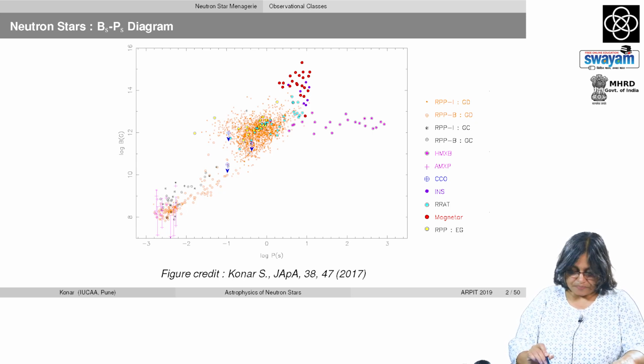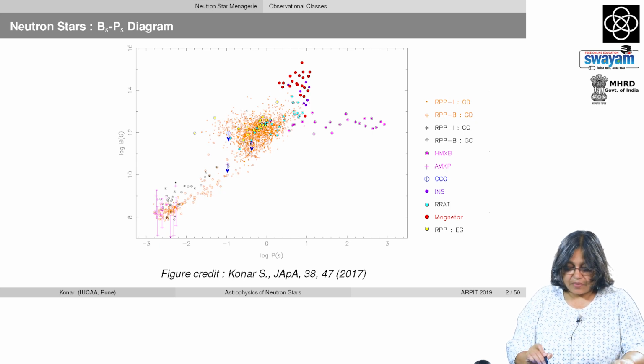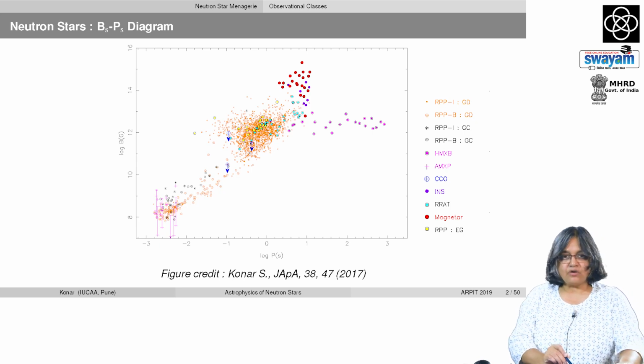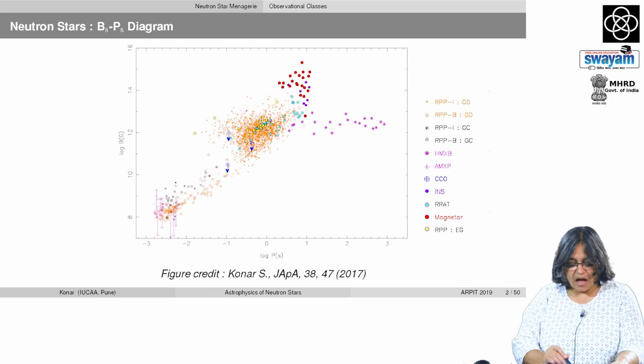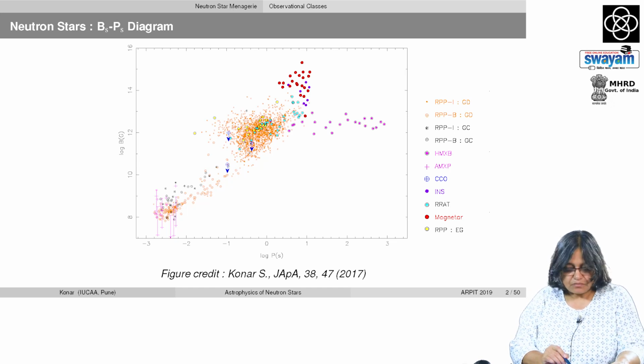In contrast, there are accreting millisecond X-ray pulsars. They are basically neutron stars accreting from a very low mass companion sitting in LMXBs, and those objects are here. You will see very large bars on the magnetic axis.